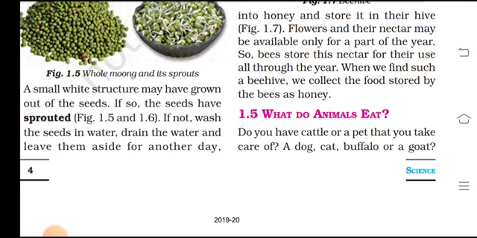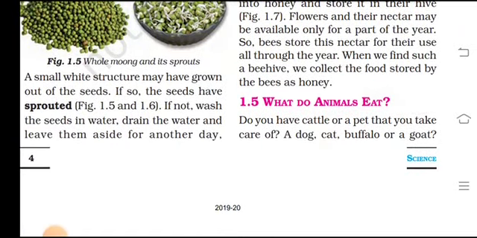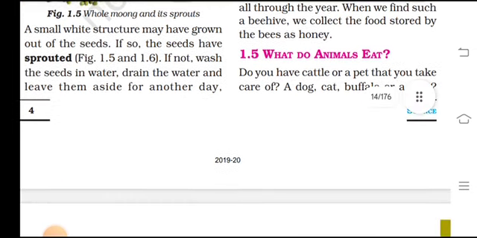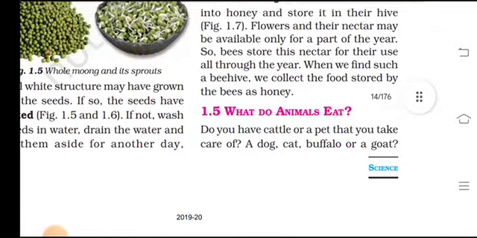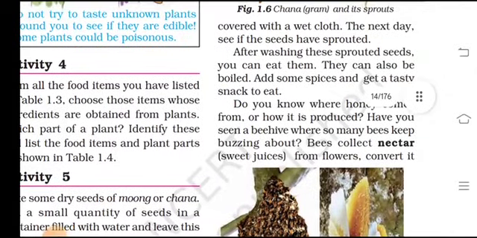Whole moong, it is sprouted. Small white structures may have grown out of the seeds, and if so the seeds have sprouted. If not, wash the seeds in water, drain the water and leave them aside for another day, covered with a wet cloth.